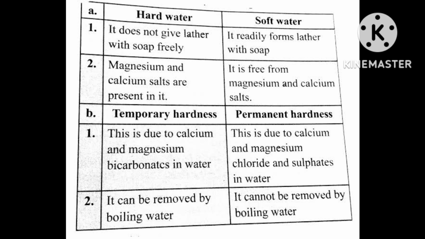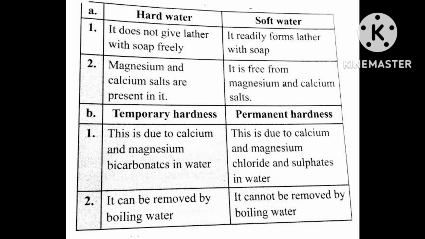Hence, when the resin is exhausted and stops working, it can be retreated, regenerated, and used further. This method I have told you is the synthetic resins method, the cation exchange resin and anion exchange resin.